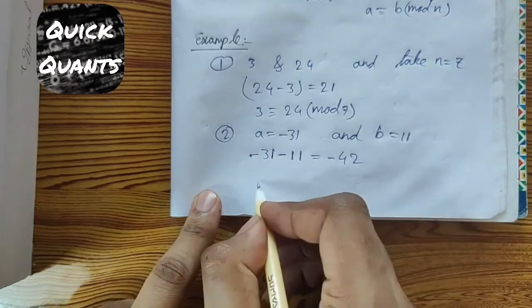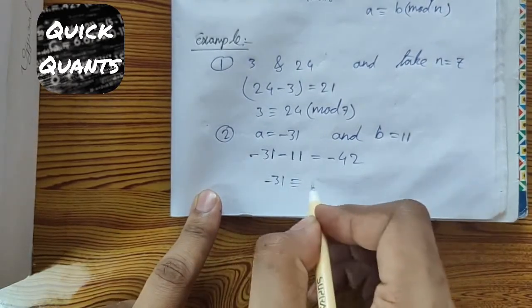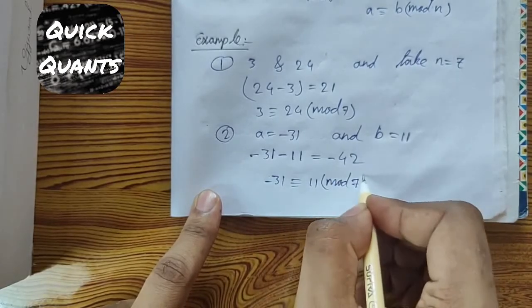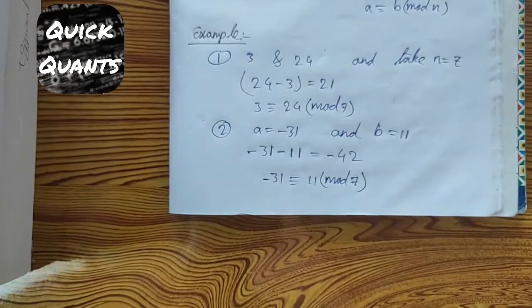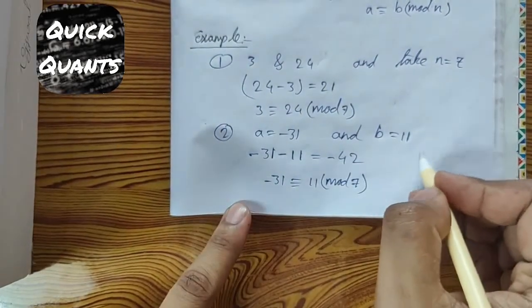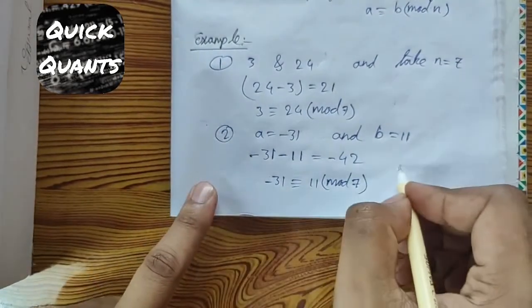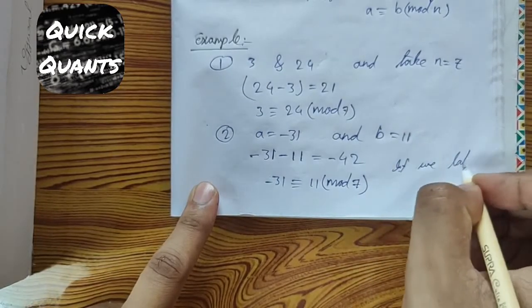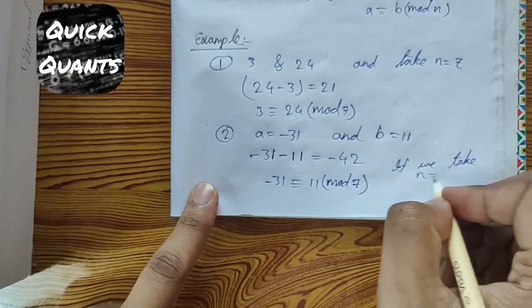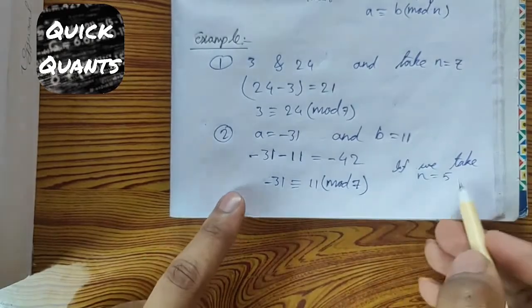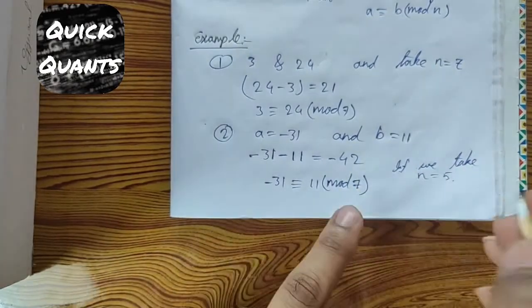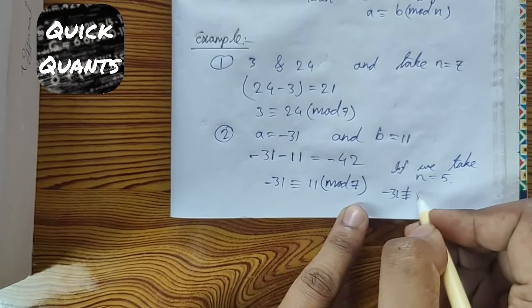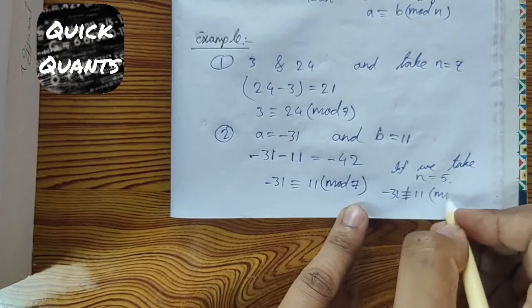So minus 31 is congruent to 11 mod 7. But let's say if we take n as 5, then 5 doesn't divide 42, so minus 31 is not congruent to 11 mod 5.